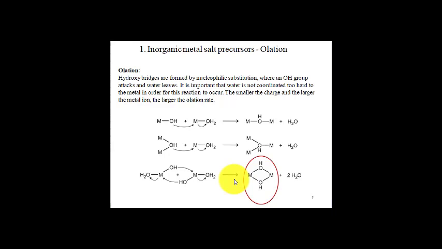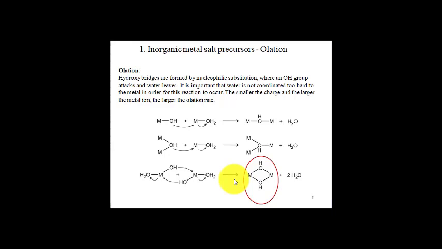Olation: hydroxy bridges are formed by nucleophilic substitution where an OH group attacks and water leaves. It is important that water is not coordinated too hard to the metal in order for this reaction to occur. The smaller the charge and the larger the metal ion, the larger the olation rate.